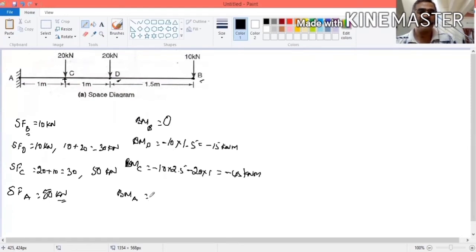It is a clockwise moment, so minus 10 into 3.5, minus 20 into 2, minus 20 into 1. So how much is it? 35 plus 40, 75, plus 10, 85, right?